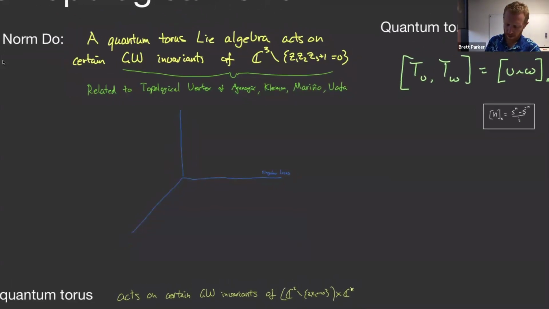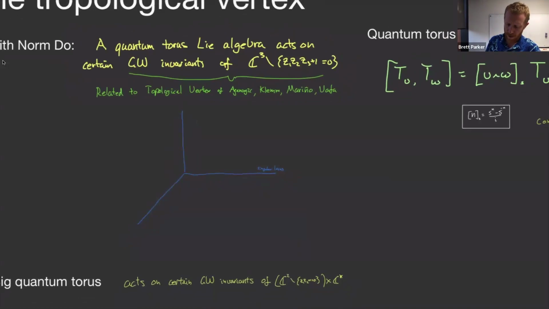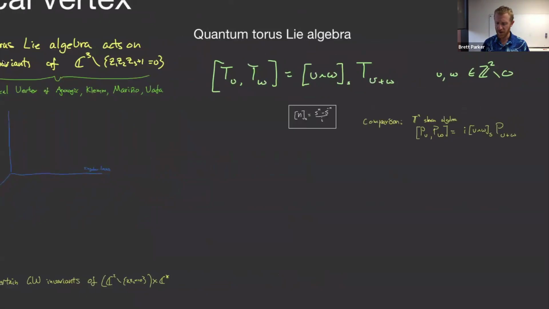So with Nordine Doub, we proved that there's a quantum torus Lie algebra acting on these Gromov-Witten invariants, acting on the topological vertex. The quantum torus Lie algebra has generators, one generator for each integral, non-zero integral vector in this plane. So there's going to be vectors like that.